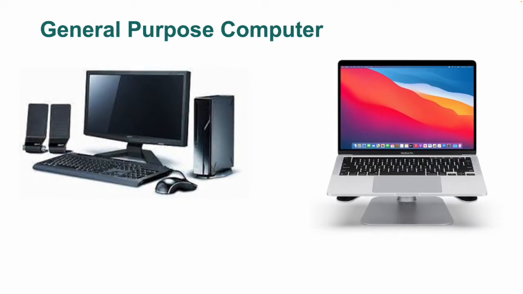All right, so now we have a little bit of an idea about the architecture. Let's talk about what kind of computer we're talking about. There are two different types of computer that we're going to look at. The first is what's called a general purpose computer, and that's something like what you see on the screen in front of you. This is basically what most people consider when they think of the word computer, right?